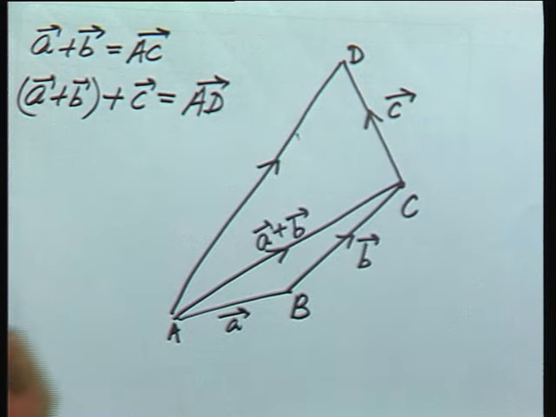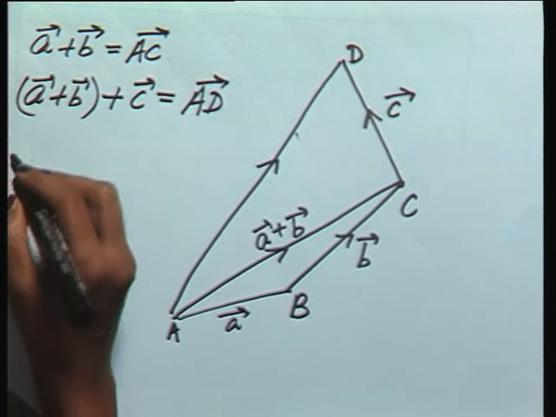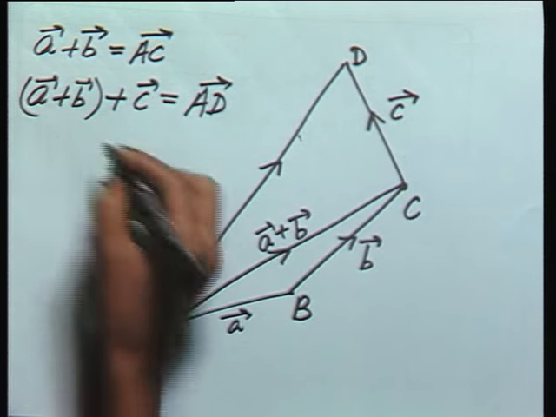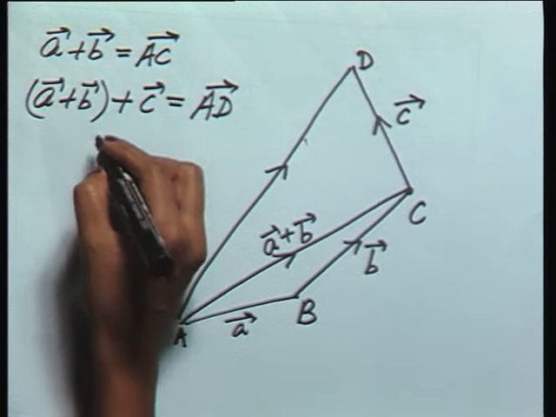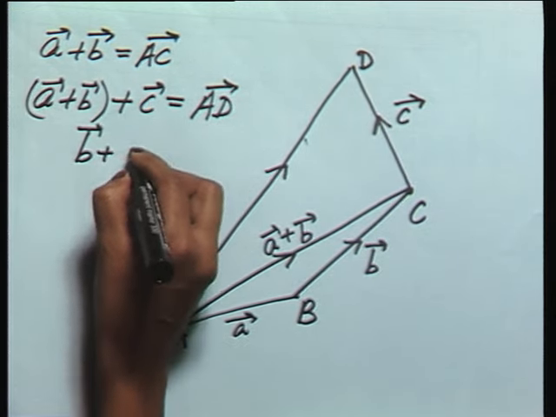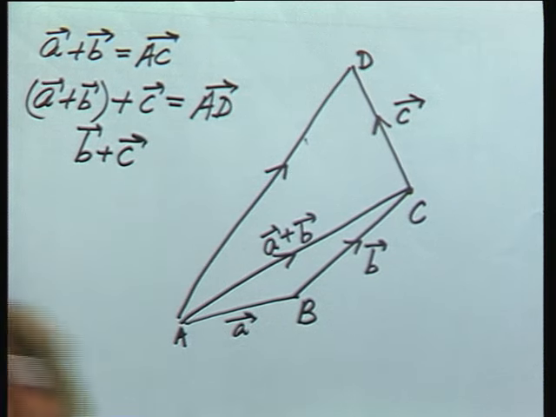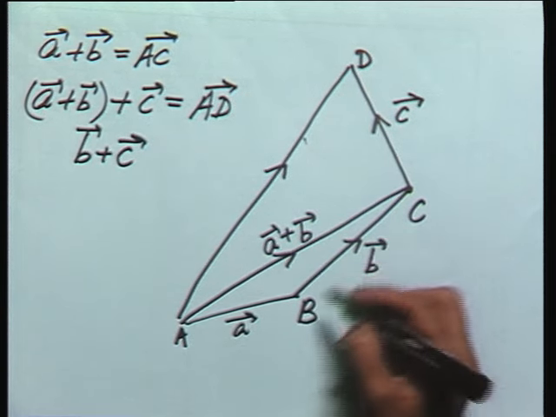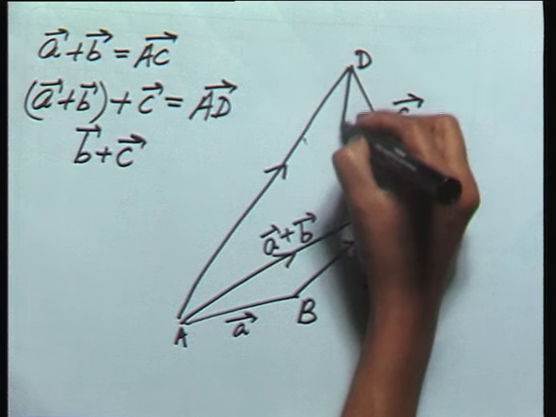Right? Now let us try to calculate A plus (B plus C). First let us calculate B plus C. B plus C by the triangle law is equal to the vector BD.